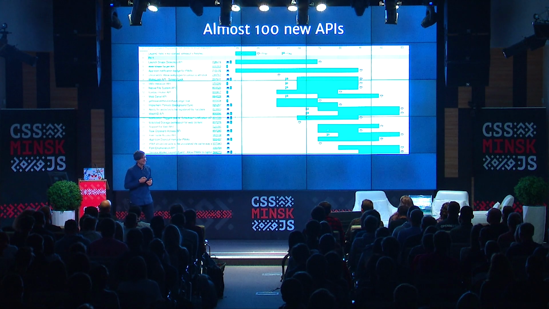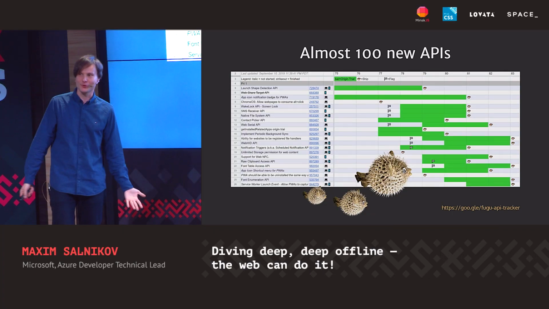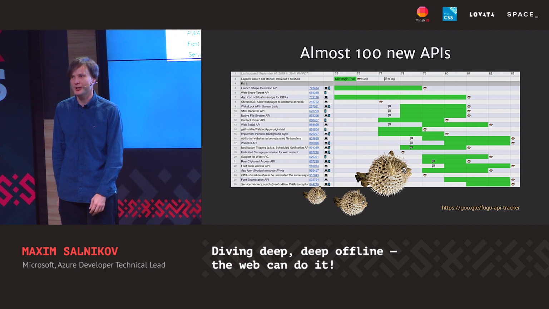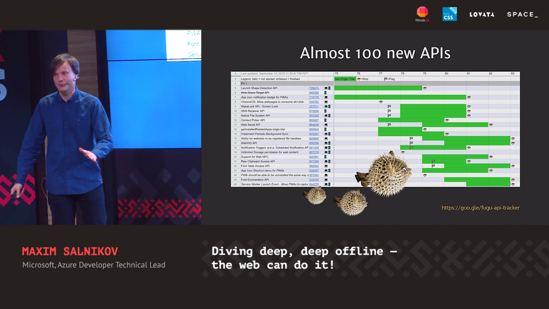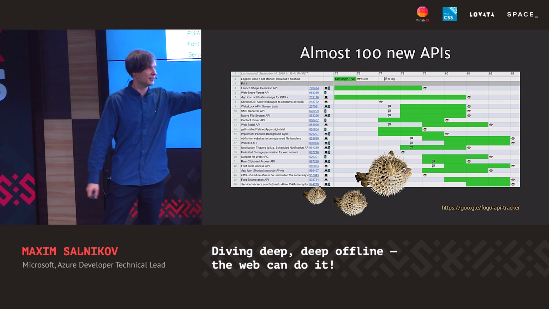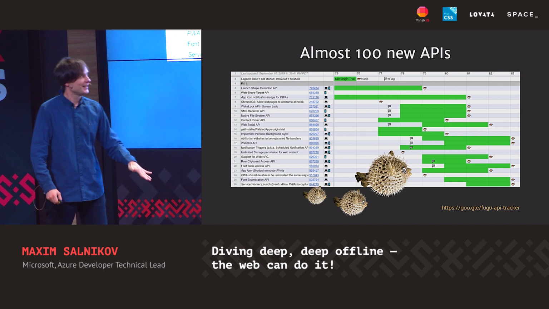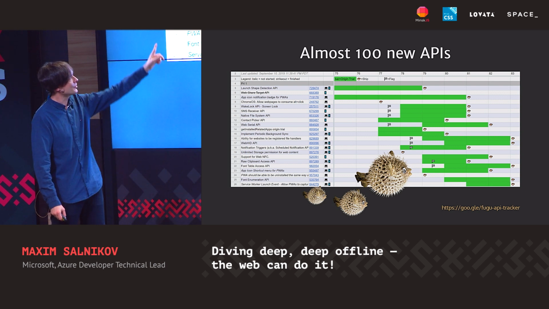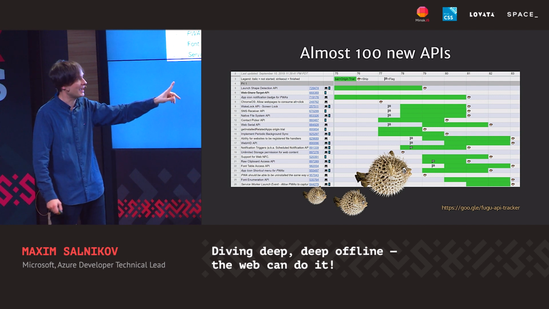Yes, it's a set of APIs called Project Fugu internally at Google. And there are almost 100 of them. What's really cool is that this tracker is publicly available. They even have some approximate versions of Chromium when they might appear.